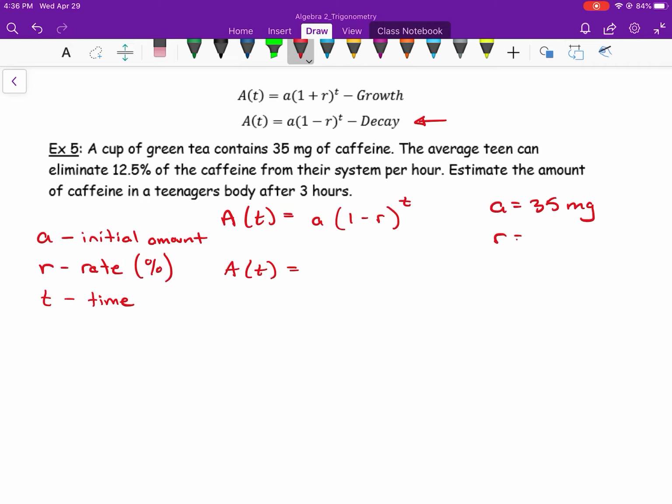My rate is 12.5%, or 0.125. Remember to convert: divide by 100, or just slide 2 places to the left. And then my time is 3 hours.